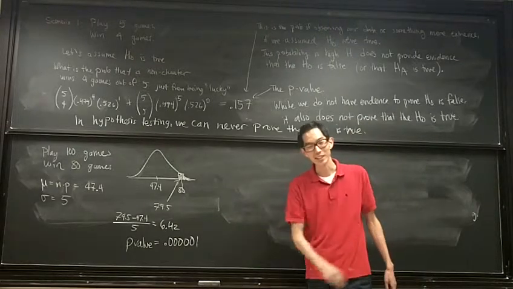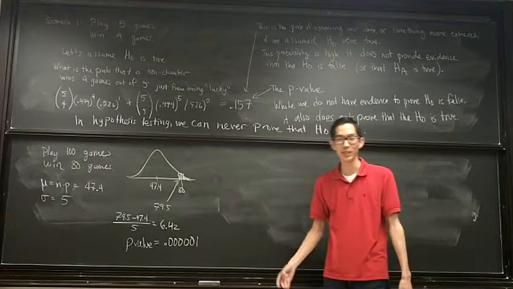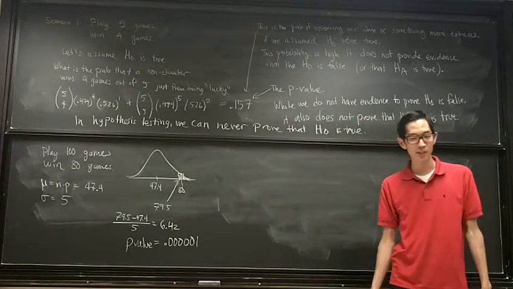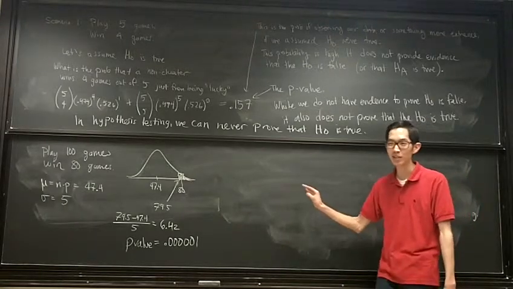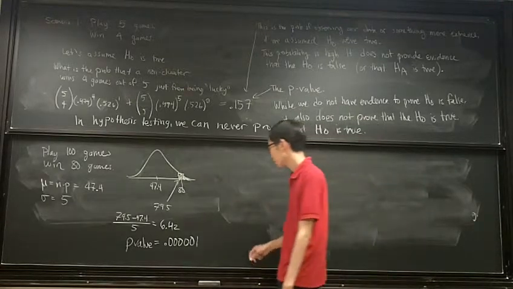But more likely is that I was not this lucky. I was not the lucky 1 in a million to win 80 games out of 100, but rather I have done something to increase my probability of winning.